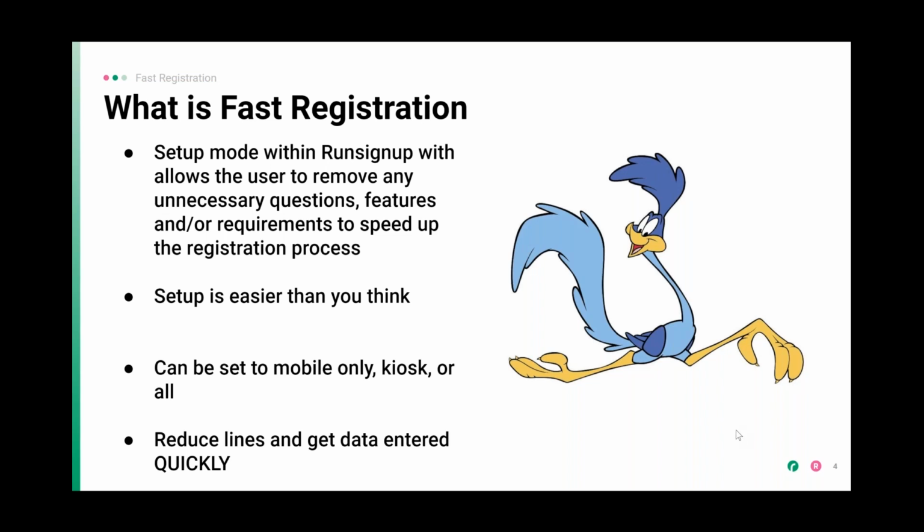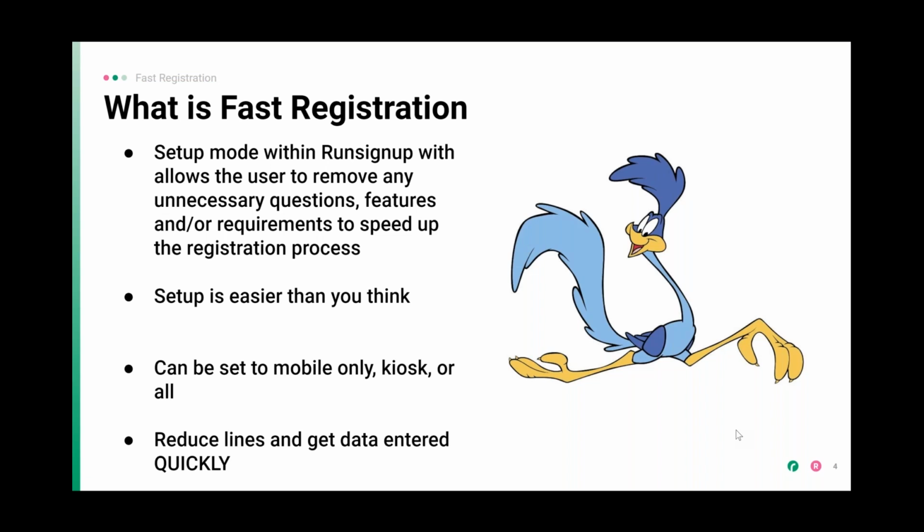For those of you that are still taking paper registrations, this might be a great way to transition away from paper reg. Now, many of you might say, well, this is just how we've always done it. But you've got to remember, we used to cut registration out of the newspaper for 5Ks. For those of you that are not in your 20s, that is something that really used to happen.